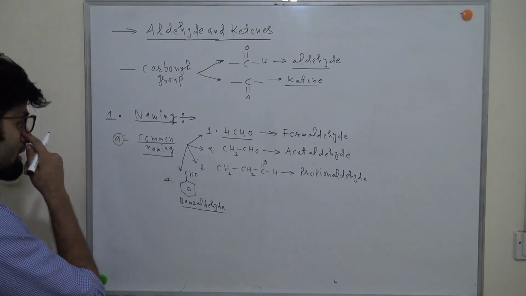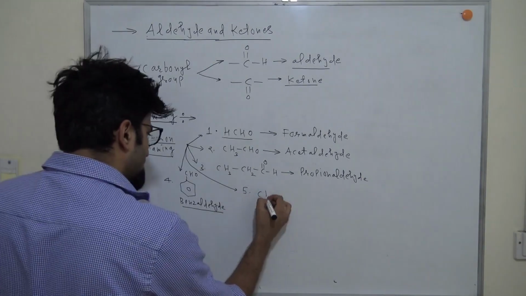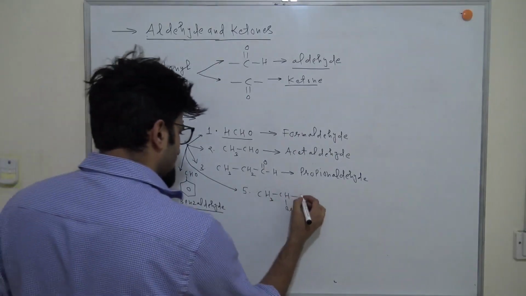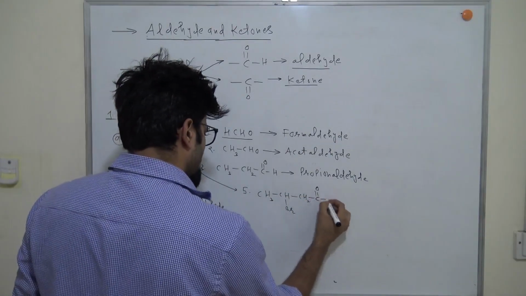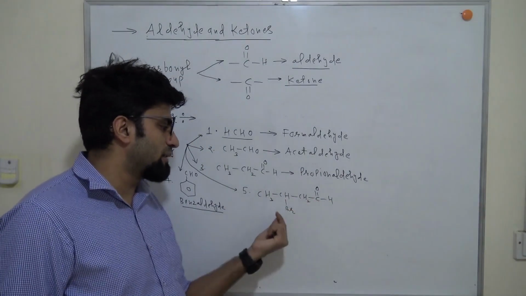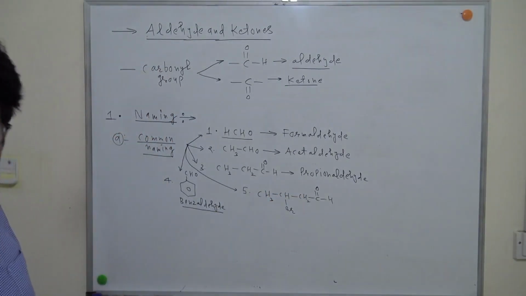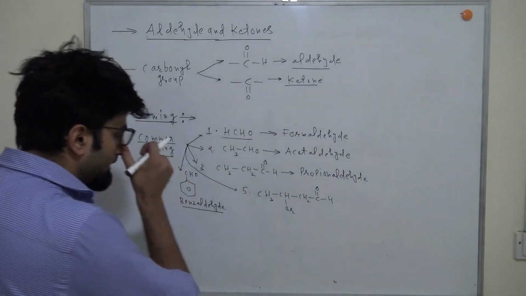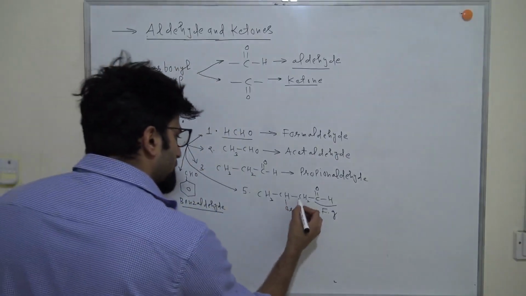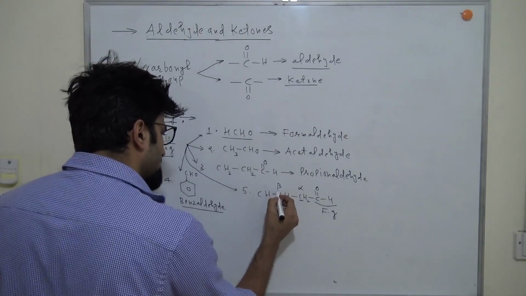One more I would like to tell you, the fifth: CH3CHBrCH2CHO. By the IUPAC method it is a very simple naming question, but its common name is very important. This is your functional group, and the carbon attached to the functional group is known as the alpha carbon, and the next carbon is known as the beta carbon.